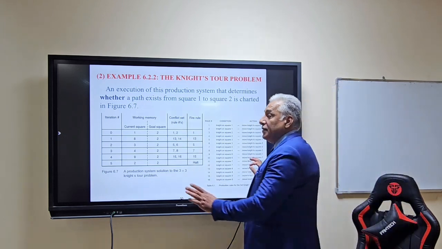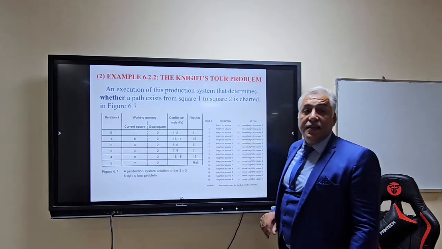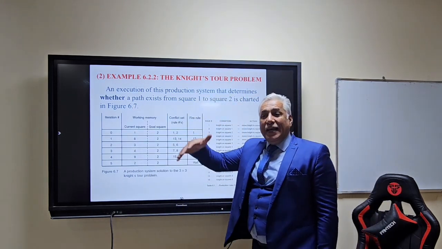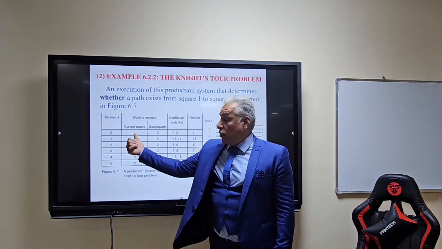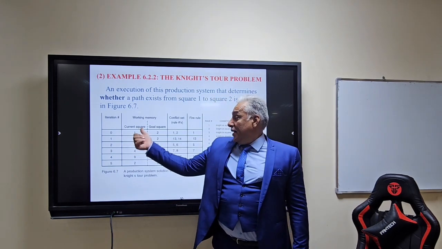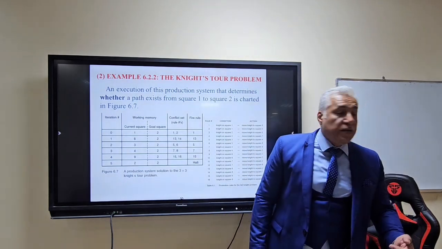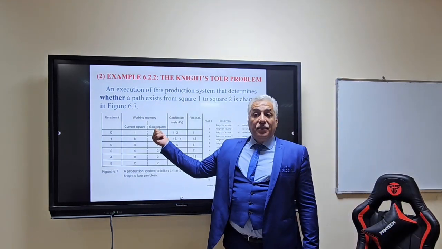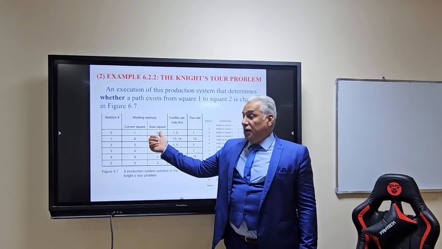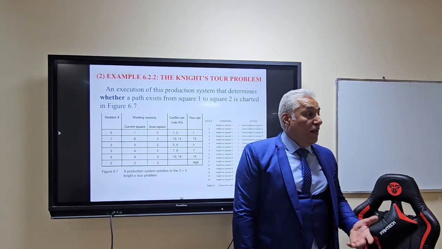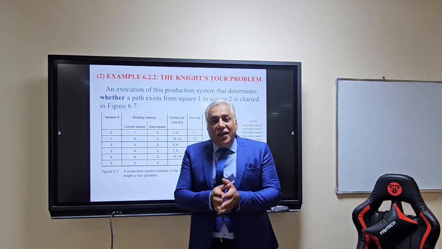In the first iteration, the current state is the knight landing on the first square, and we want to go to the second square, from square one to square two. This represents the operations of solving this problem.